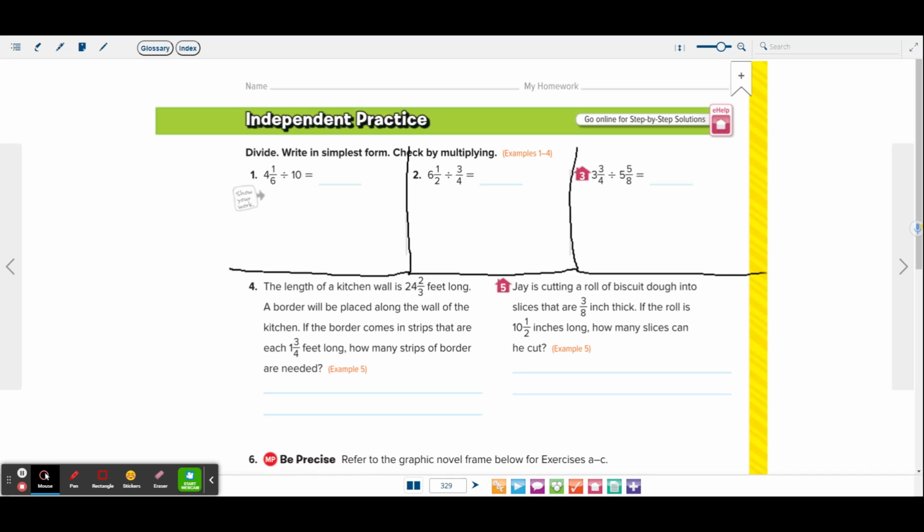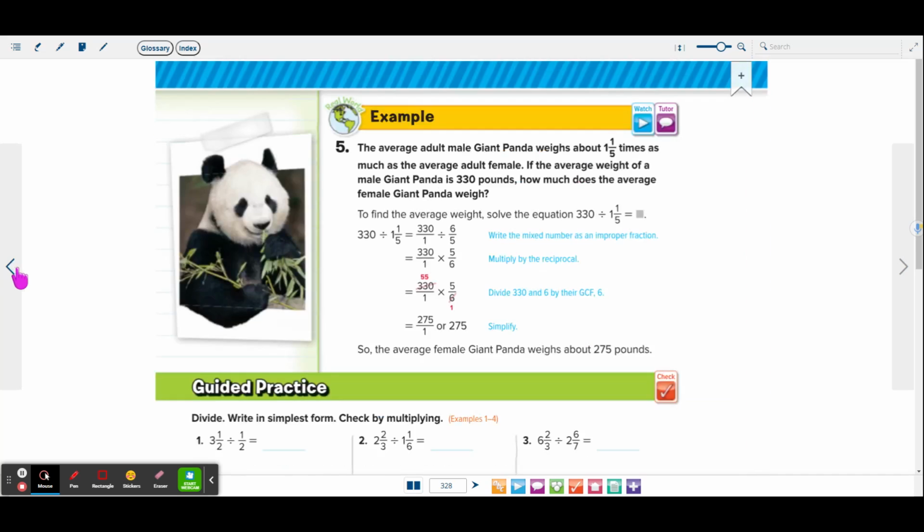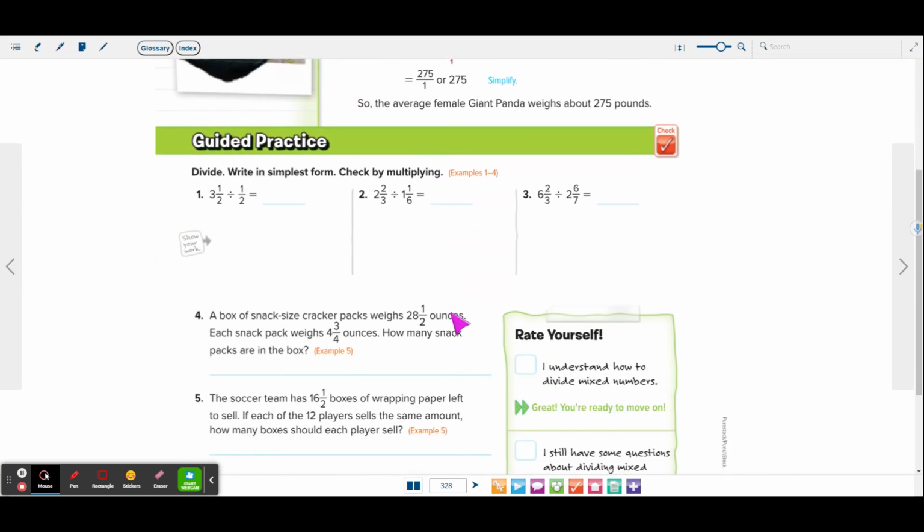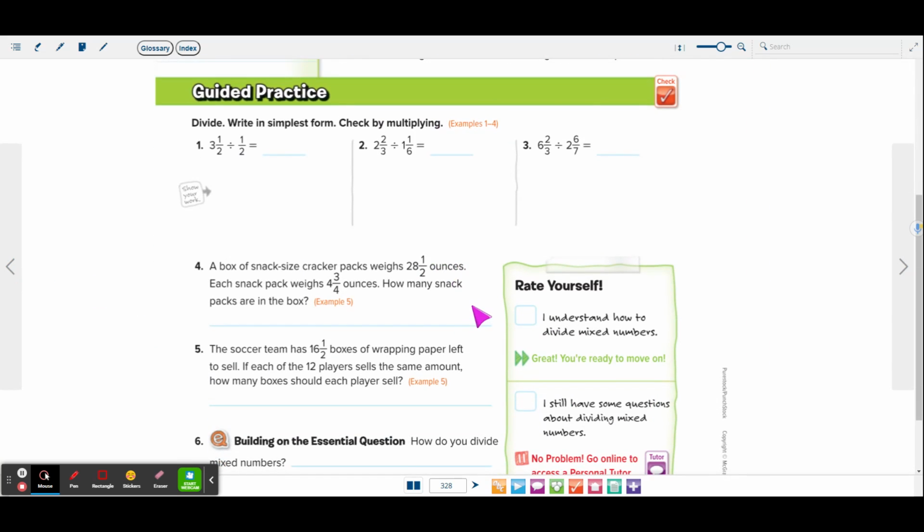Go through your homework that you've gotten returned back to you and make sure that you're working on those to help practice. So for today, we're doing the guided practice. We're going to work on that on page 328 to help you review.